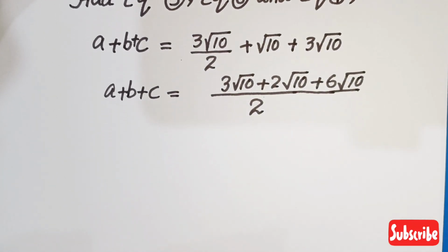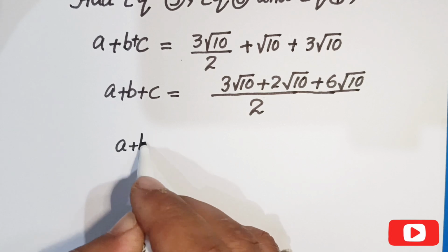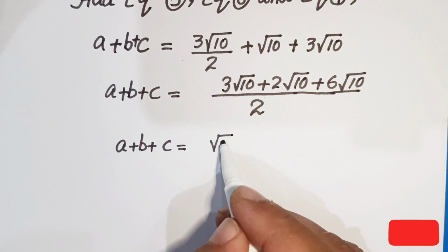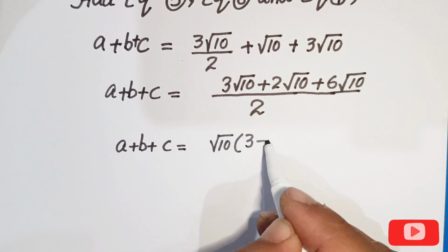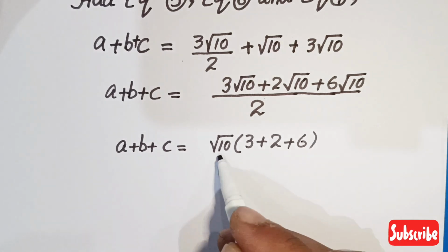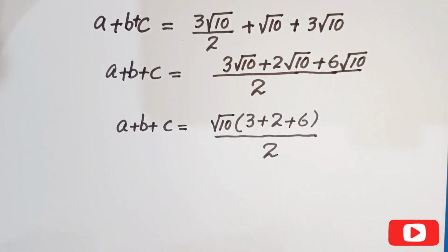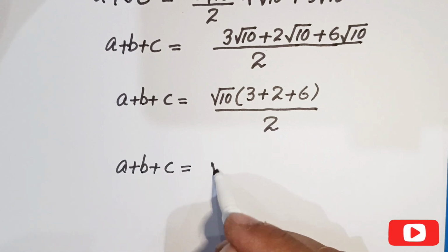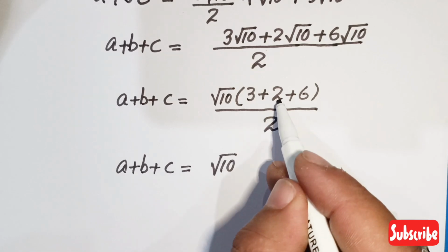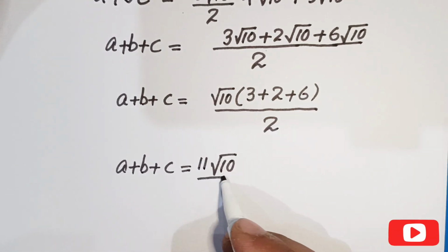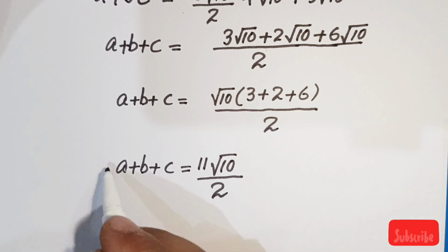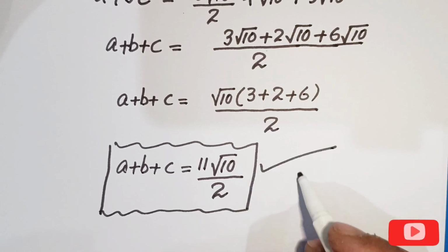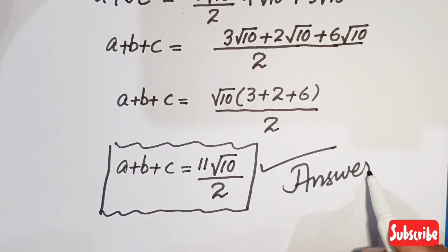So now a plus b plus c is equal to, taking square root of 10 common, 3 plus 2 plus 6 all over 2. Our next step: a plus b plus c is equal to square root of 10, and 3 plus 2 is 5, 5 plus 6 is 11, so 11 times square root of 10 all over 2. This is the final value of a plus b plus c that we have just found. So it is our final answer.